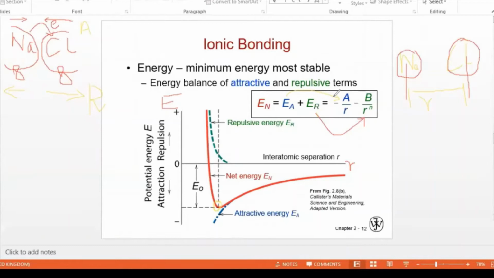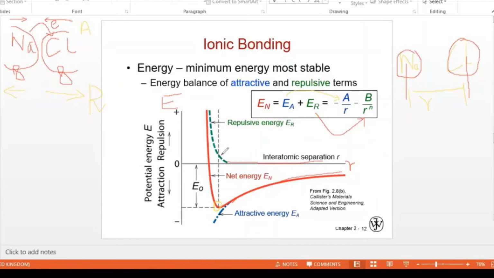The attraction energy graph is minus A upon R, so if you draw it, this blue dotted line is the graph, and it will go like this. And here, the repulsive energy equation is minus B upon R to the power n. If you draw that graph, it will go like this.